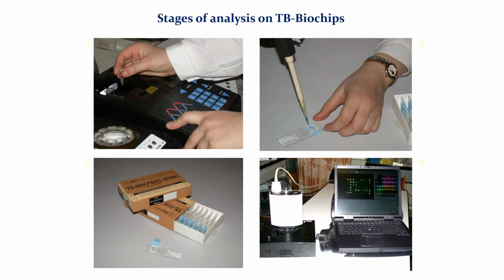First of all, it's sampling, destruction of tuberculosis bacilli in phlegm leading to release of DNA, PCR amplification for subsequent genetic analysis of DNA fragments responsible for resistance towards anti-tuberculosis drugs, and hybridization between DNA fragments extracted from Mycobacteria and the probes immobilized on the biochip, and analysis of the fluorescence patterns obtained from different parts of the biochip by means of a chip detector.